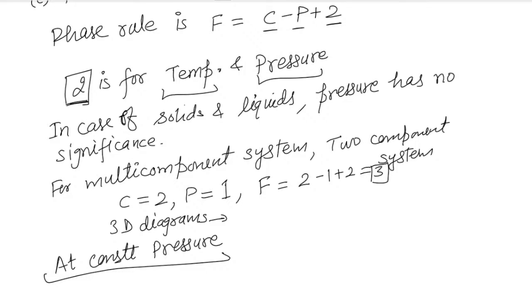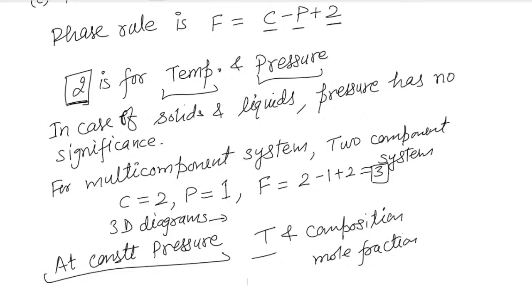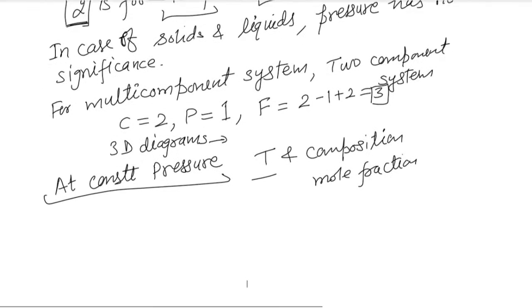But in the case of multi-component systems, we keep the pressure constant, right? And we plot the graph between temperature and composition, generally mole fraction. Because in the next phase, we will study those phase diagrams.